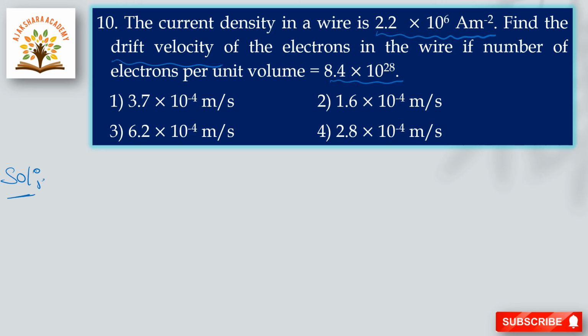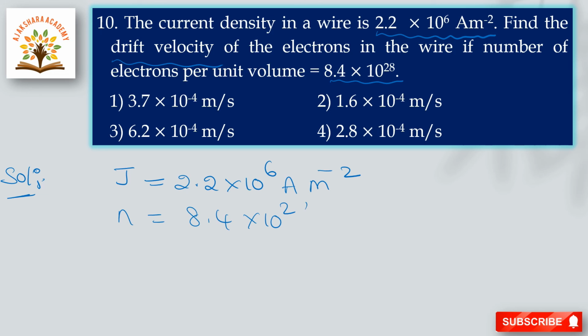Given current density J is equal to 2.2 into 10 to the power of 6 ampere meter to the power of minus 2. The number of electrons N is given as 8.4 into 10 to the power of 28 meter to the power of minus 3, and charge of electron 1.6 into 10 to the power of minus 19 coulombs. And next Vd is equal to question mark.